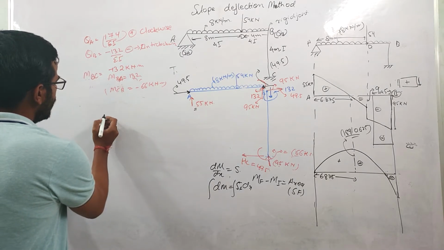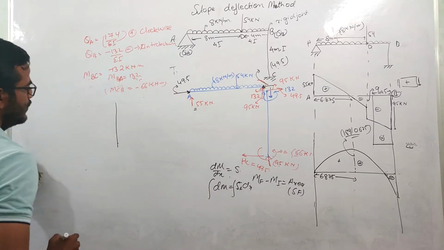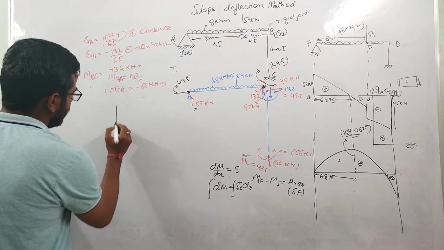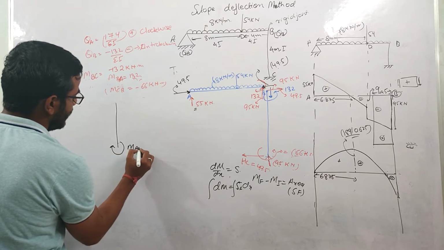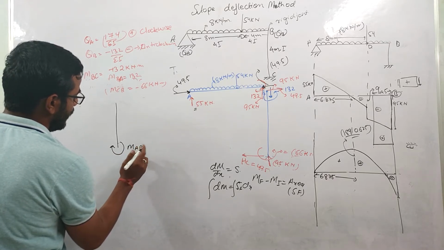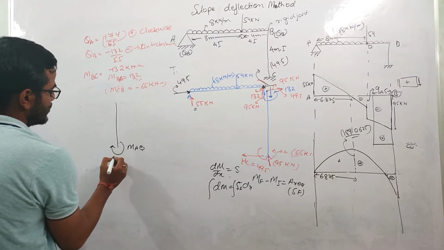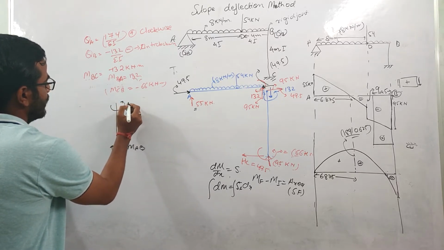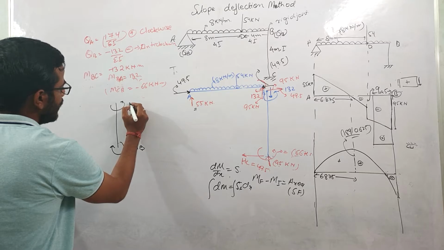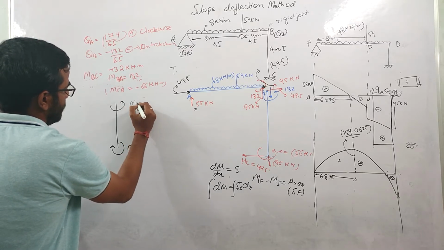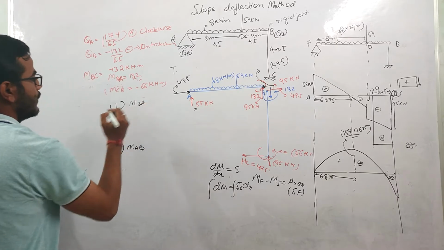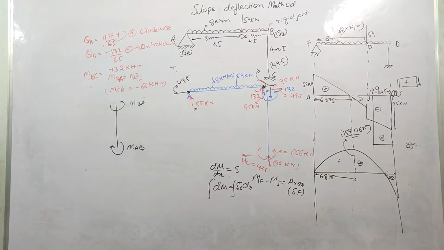So now suppose this is the column, and there is one moment acting, say MAB, in the clockwise direction. Here another moment is acting which is anti-clockwise, and this value is MBA. There will also be some forces.